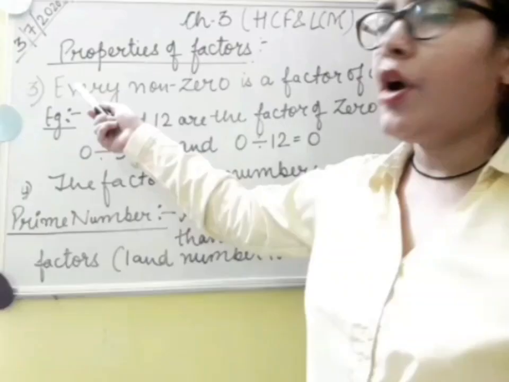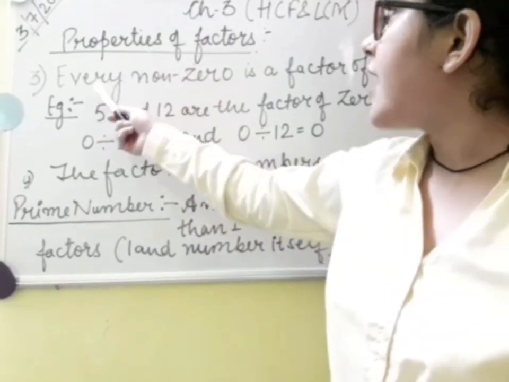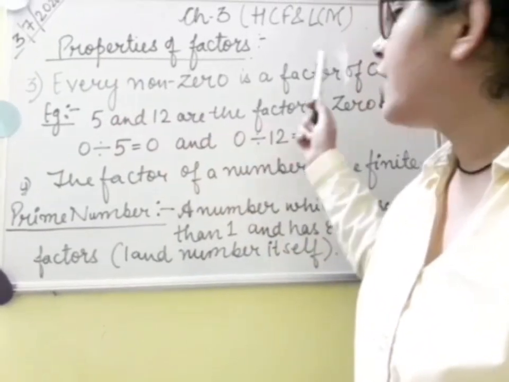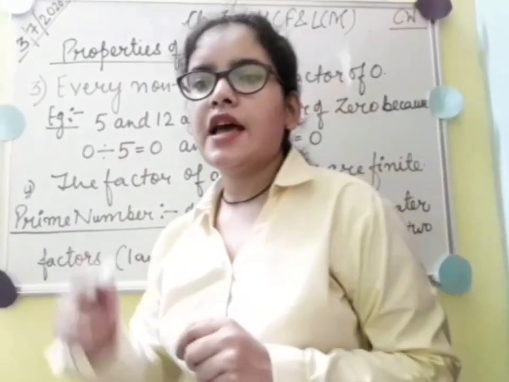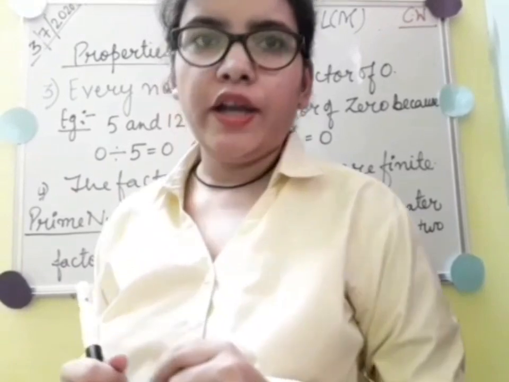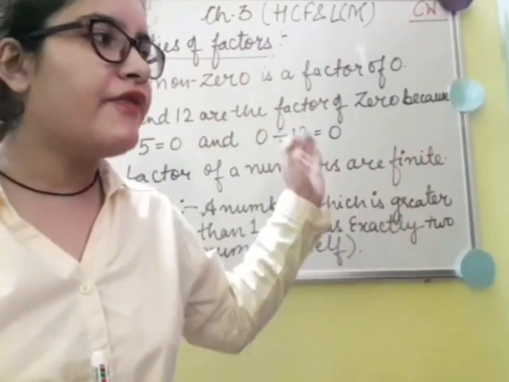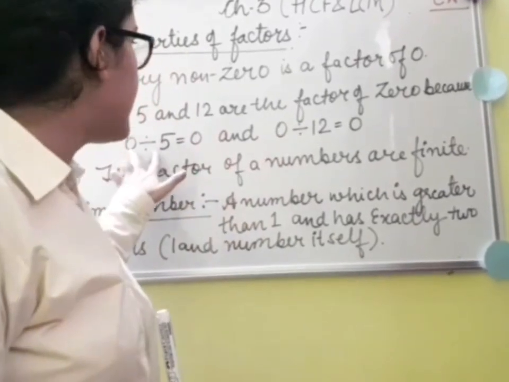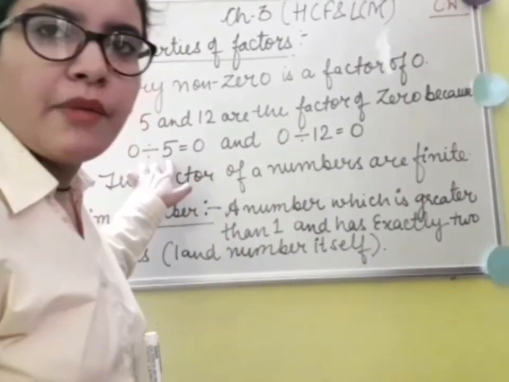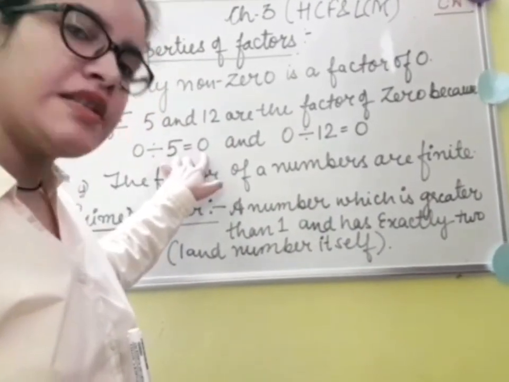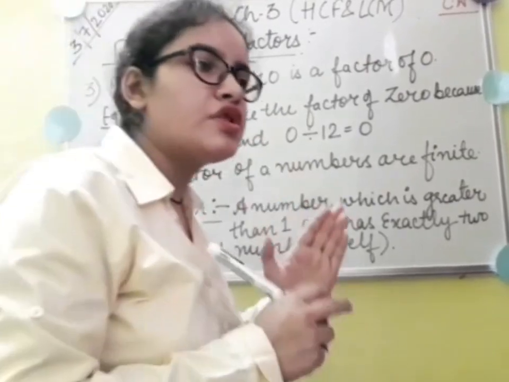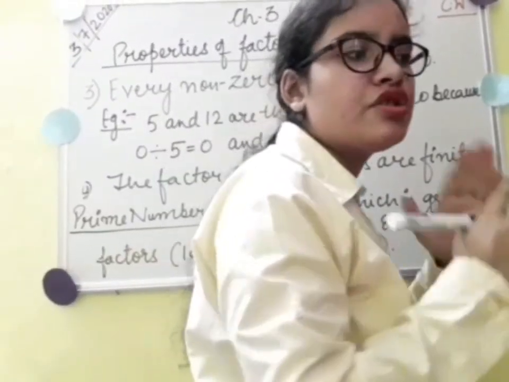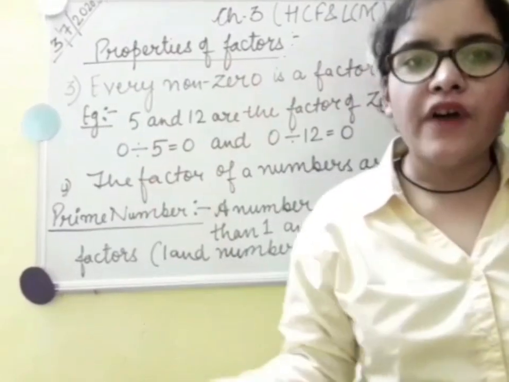Okay. Now the next property of factors is every non-zero number is a factor of 0. Whatever non-zero number you are taking, for example 5 or 12 as I have taken in the example, and you are dividing 0 by this non-zero number, the answer will be 0. So every non-zero number, हर non-zero number जो 0 नहीं है वो 0 का factor होगा.